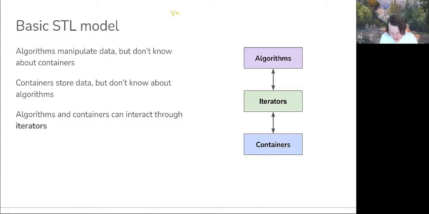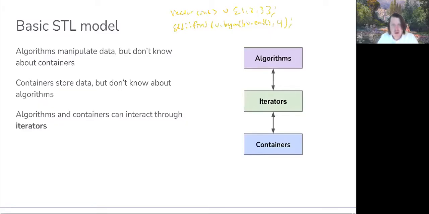let's say you had some vector int v with 1, 2, 3. If you wrote something like std::find, assuming you #included algorithm, with v.begin, v.end, and let's say you were searching for 4.